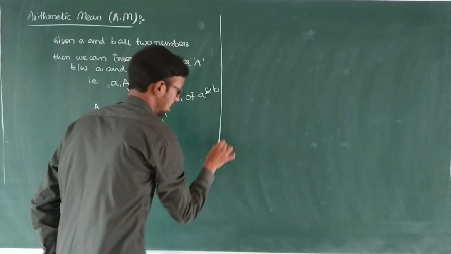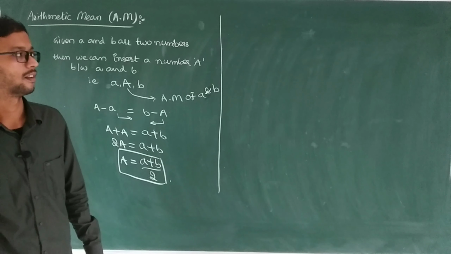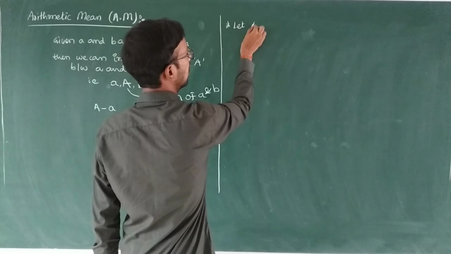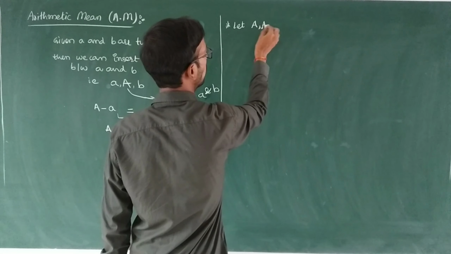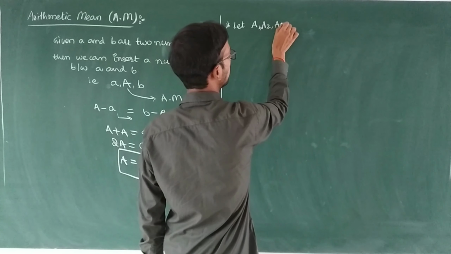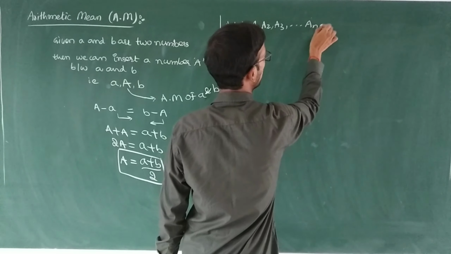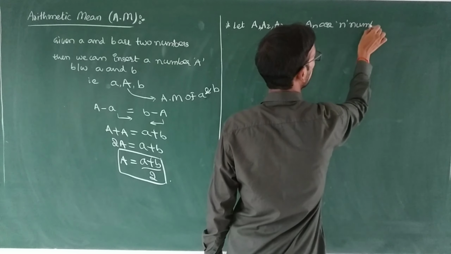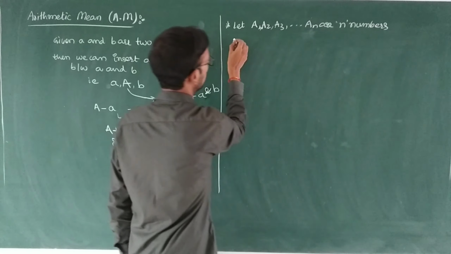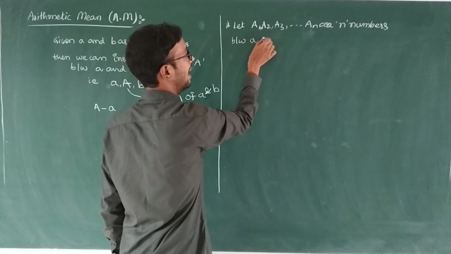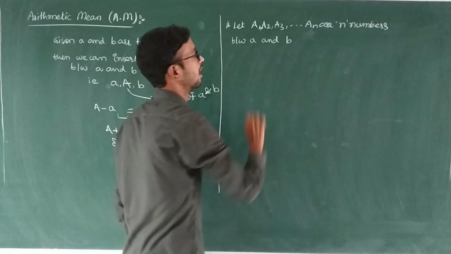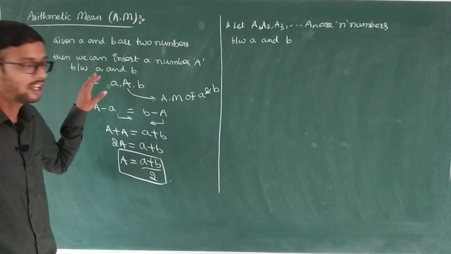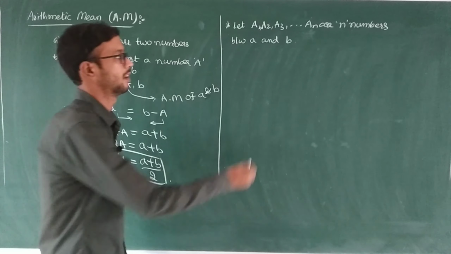Next, one important point is there. Let A1, A2, A3, and so on, An be n numbers between A and B. Here earlier only one number, here n numbers are inserted.